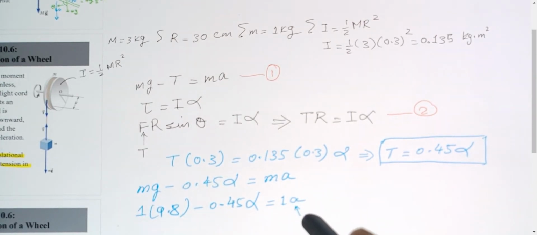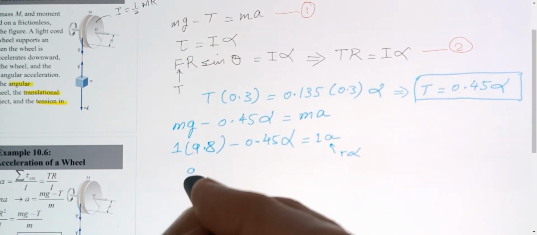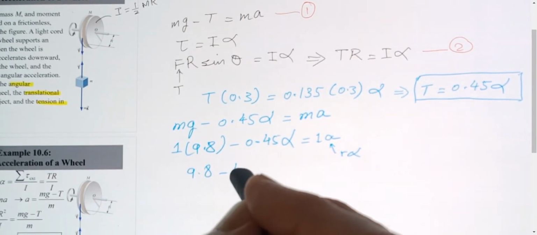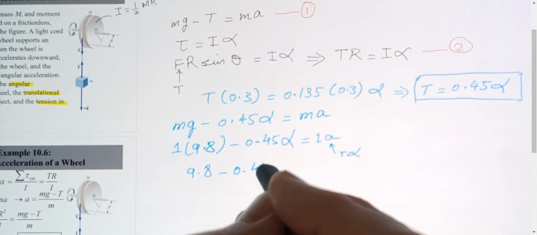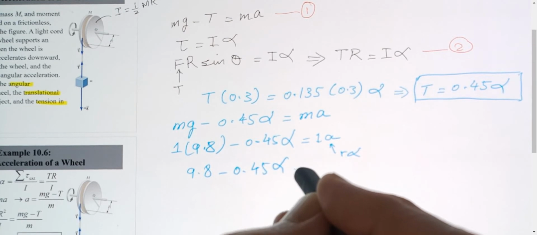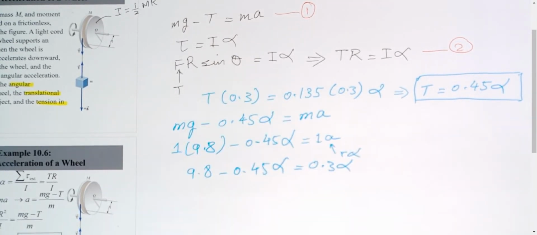It is R alpha. So this will be 9.8 minus 0.45 alpha, and it is equal to 0.3 alpha because R is 0.3.